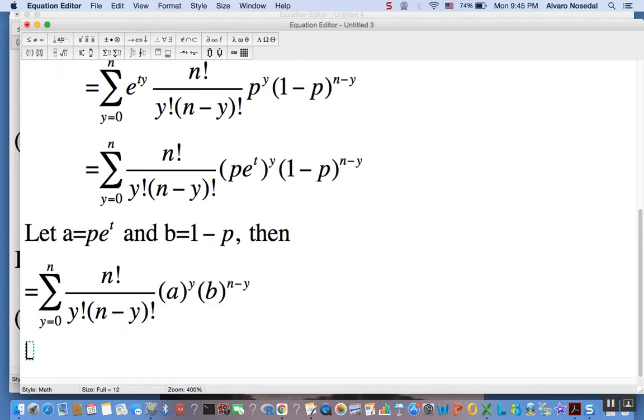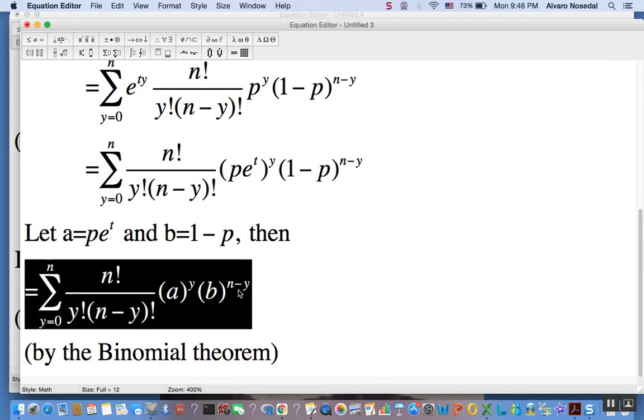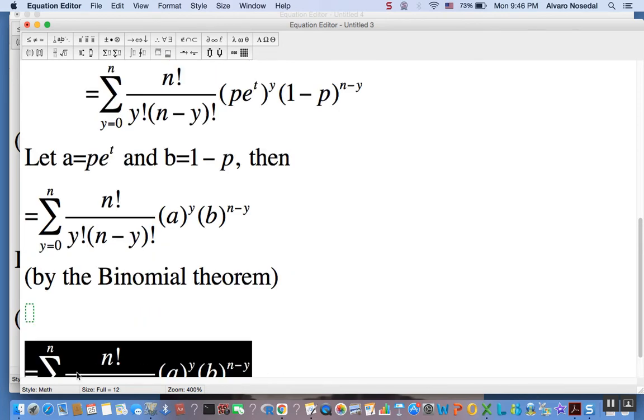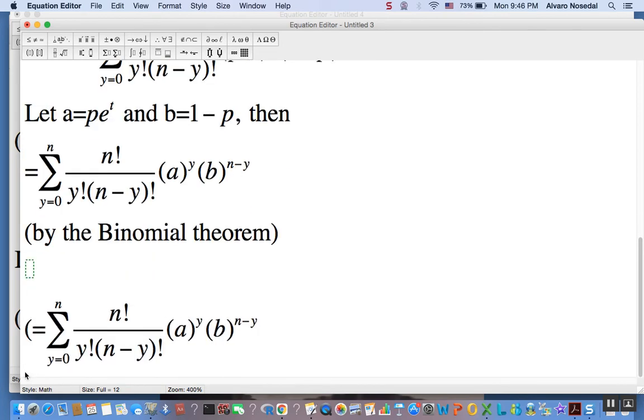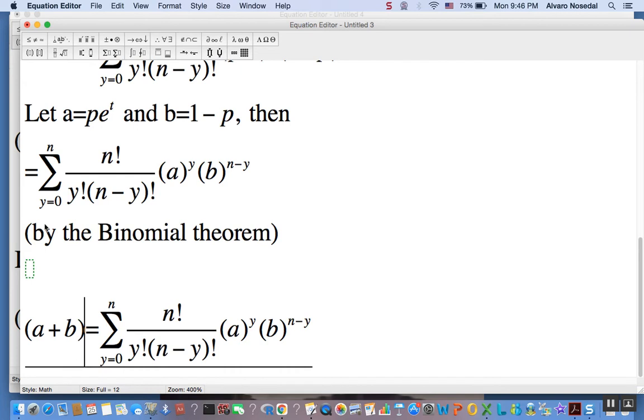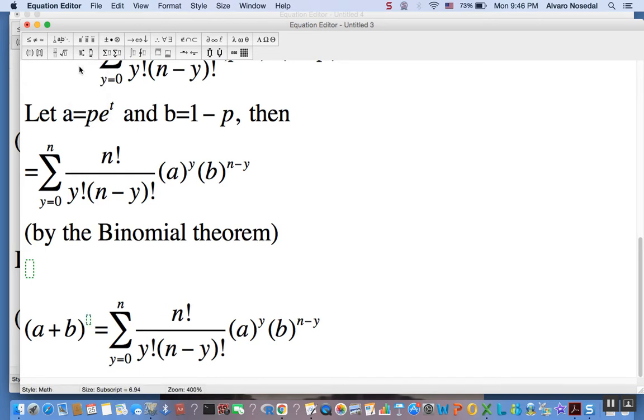So by the binomial theorem, this is just a plus b to the power n.